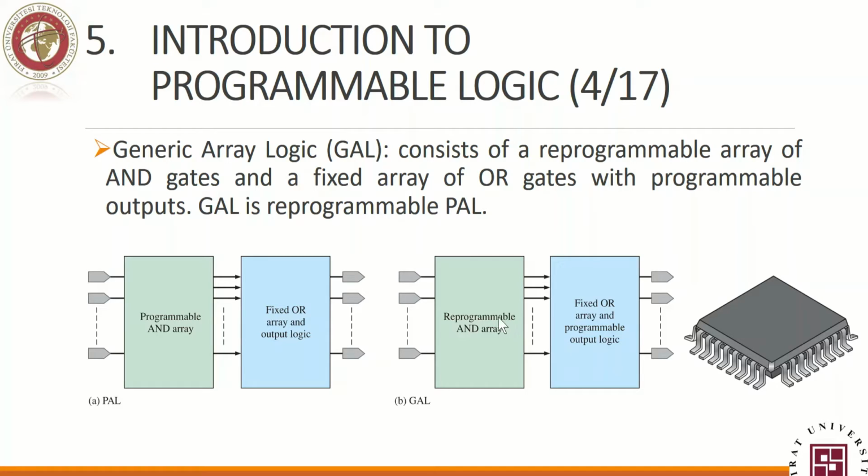For the generic array logic, GAL, it has a programmable AND array, so we have programmability here and here as well. The OR array is fixed, but the programmable side is the output. This one can be programmed, and we will see how.